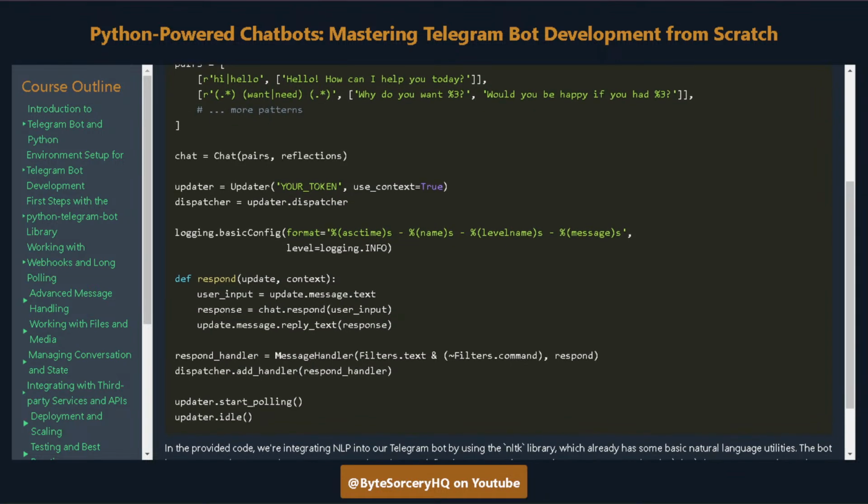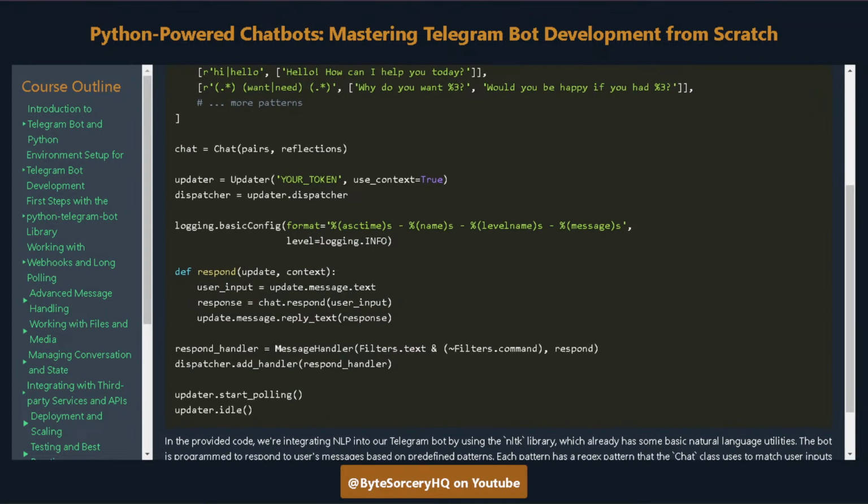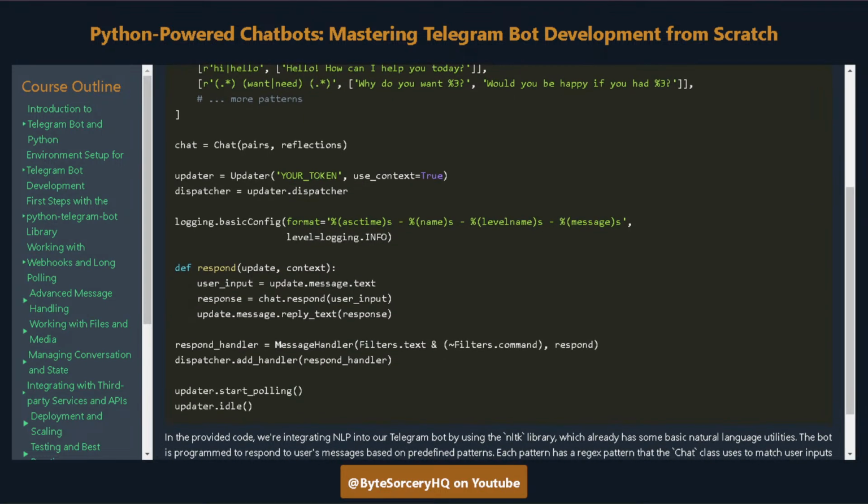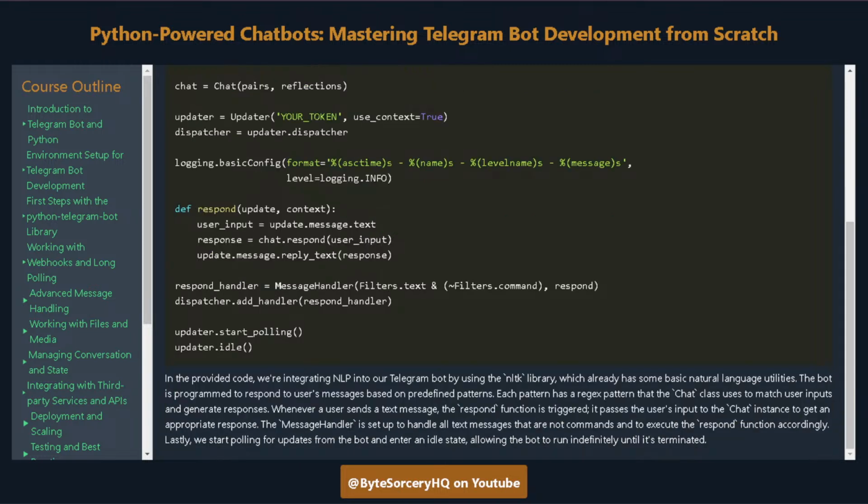It passes the user's input to the chat instance to get an appropriate response. The message handler is set up to handle all text messages that are not commands and to execute the respond function accordingly. Lastly, we start polling for updates from the bot and enter an idle state, allowing the bot to run indefinitely until it's terminated.